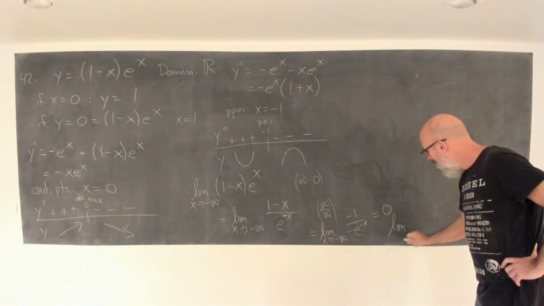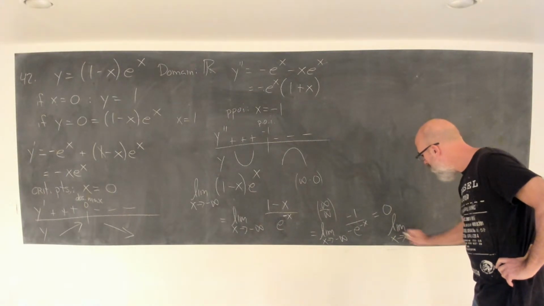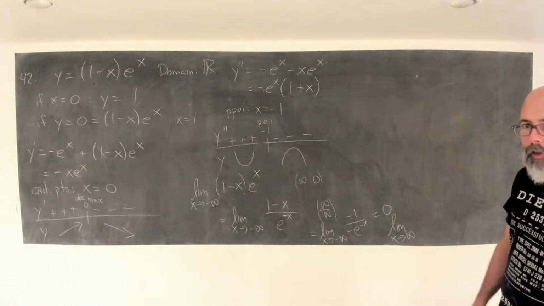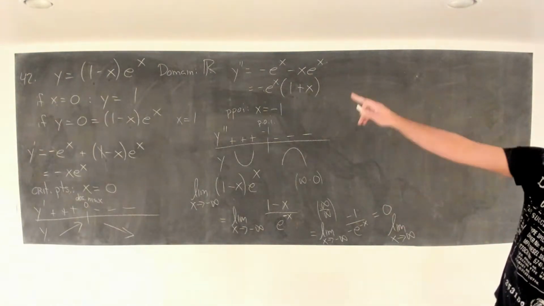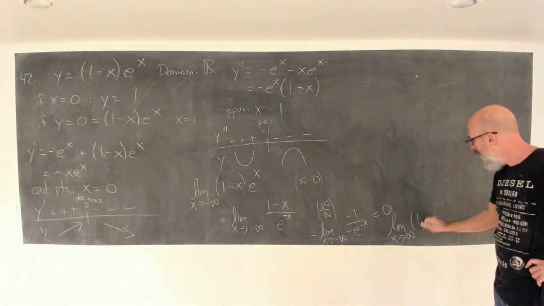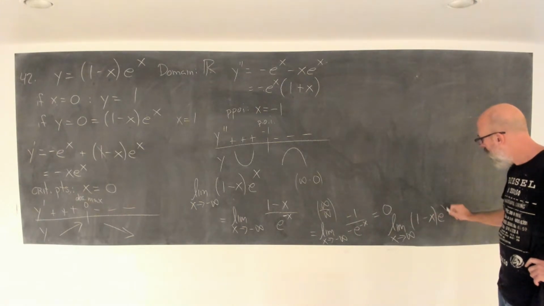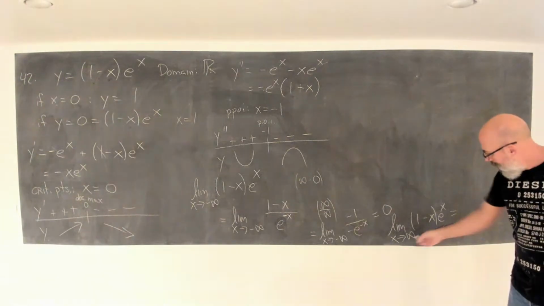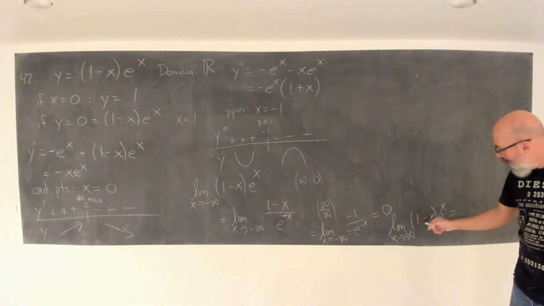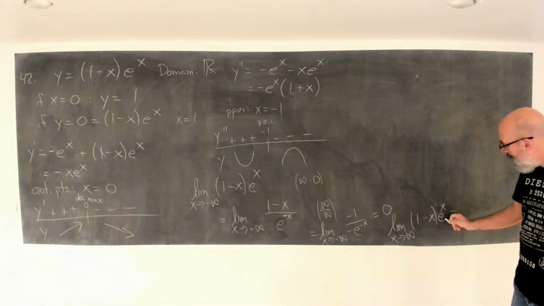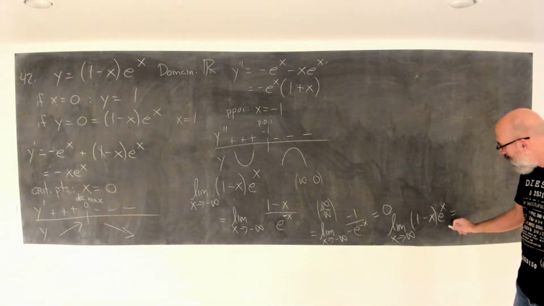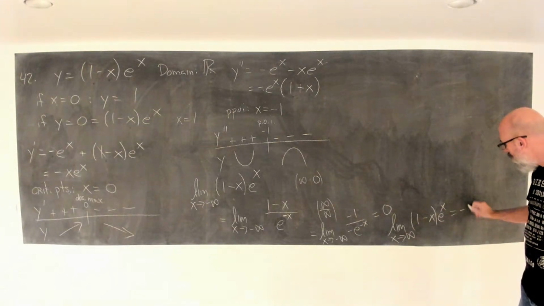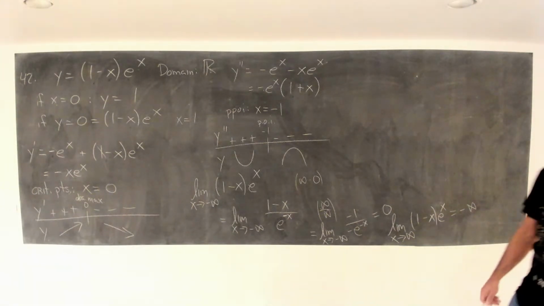Similarly, limit as x goes to positive infinity. Thank you, everyone. Limit as x goes to positive infinity. This goes to infinity. 1 minus infinity is -infinity. This goes to infinity. -infinity times positive infinity is -infinity.